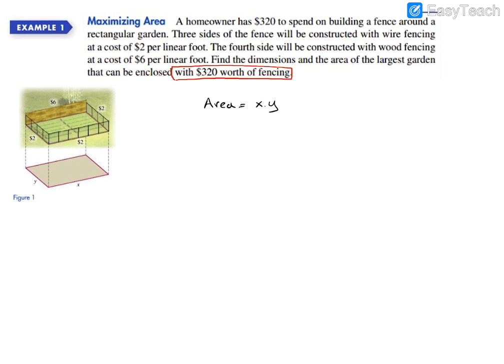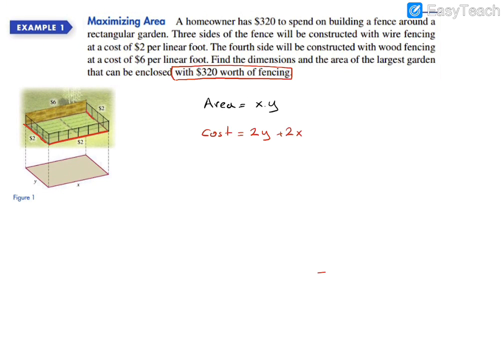So, what is the total cost? The cost of this length, at $2 per foot, is 2 times y, since this is y feet. The cost of that part is 2 times x dollars.